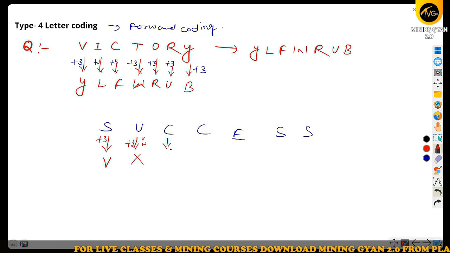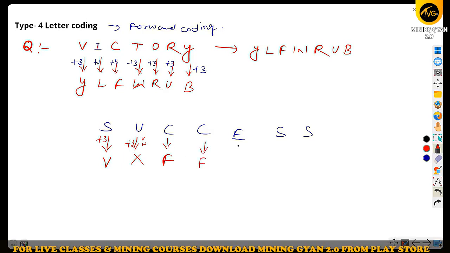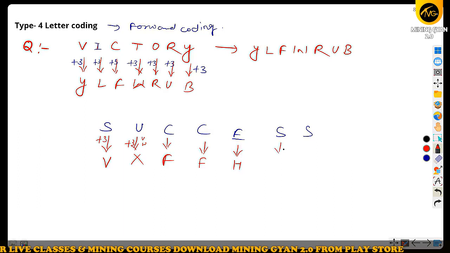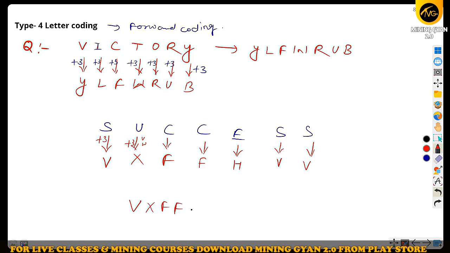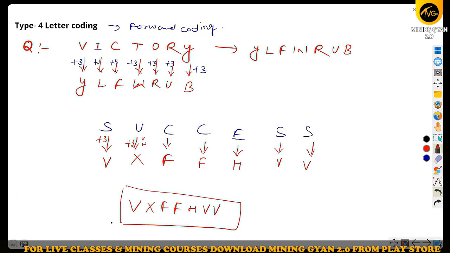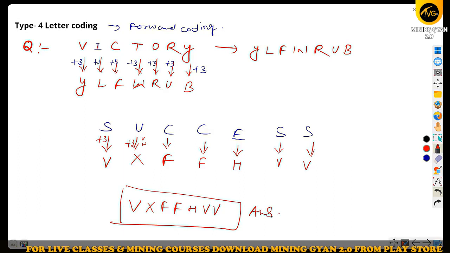C, D, E, F. Similarly, E, F, G, H. S, T, U, V. So now the answer will be V, X, F, F, H, V, V. This is the answer, or you can say the coded language for the word success.